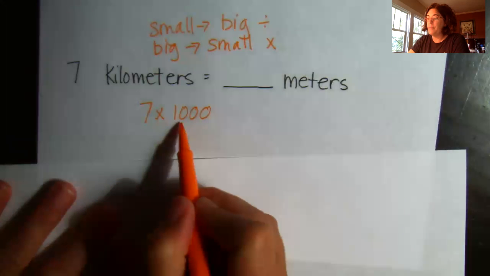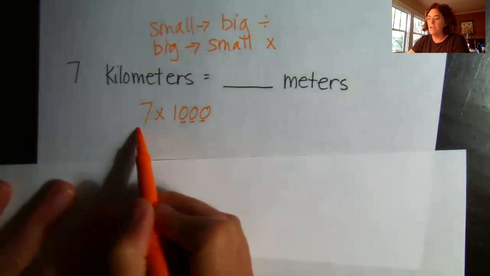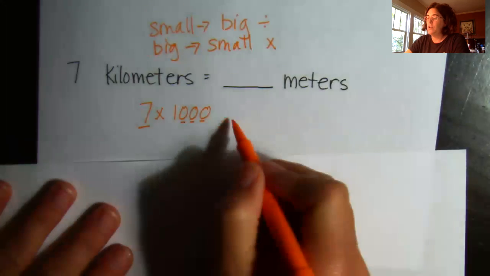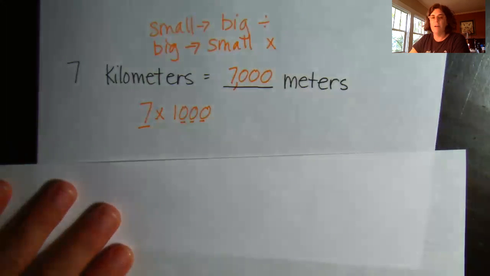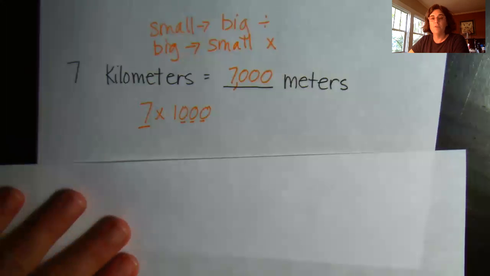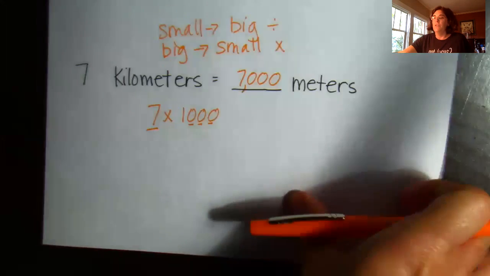When I multiply by powers of 10, I just need to add that number of zeros to the end of the number I'm multiplying. So I know that equals 7 with 3 zeros after it, which is 7,000. 7 kilometers equals 7,000 meters. Good job. All right. Those I think will be pretty easy for you.